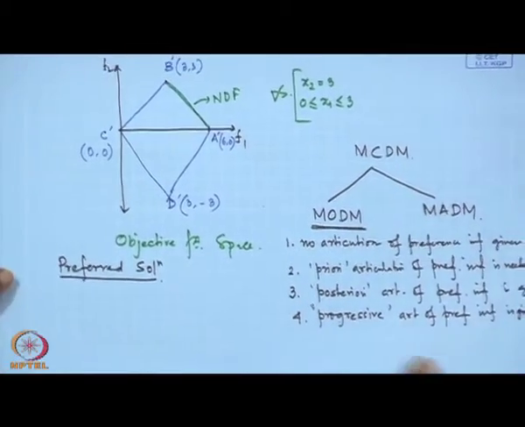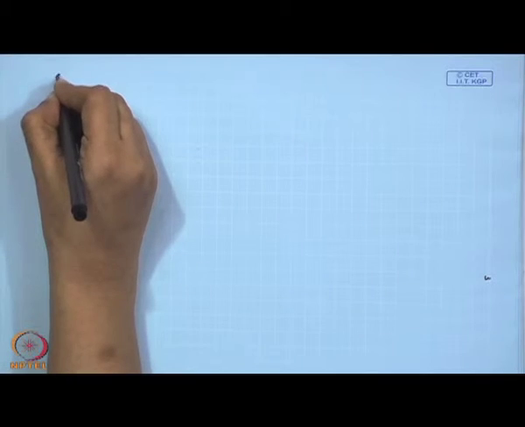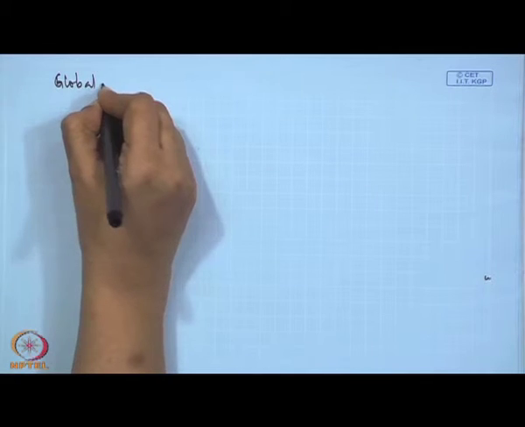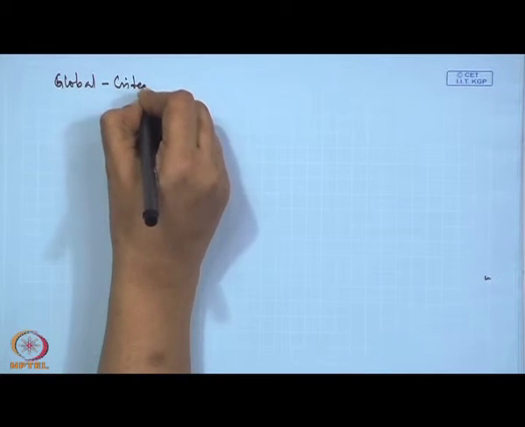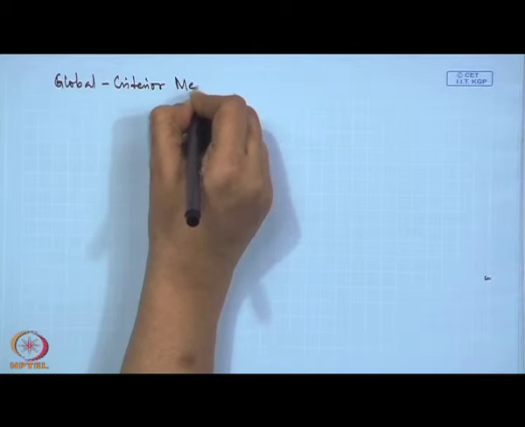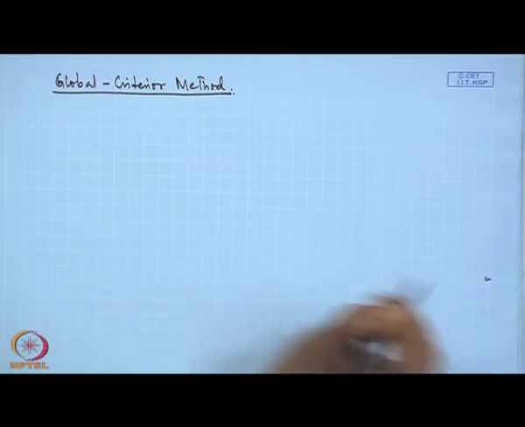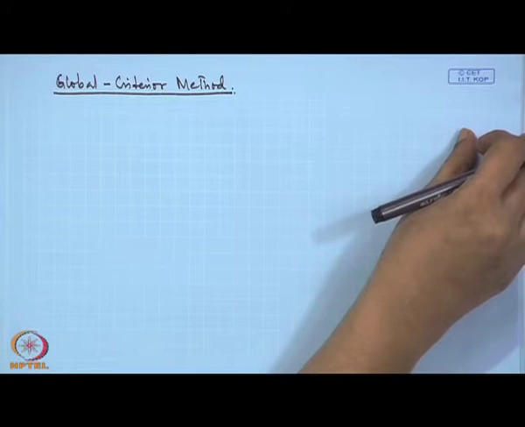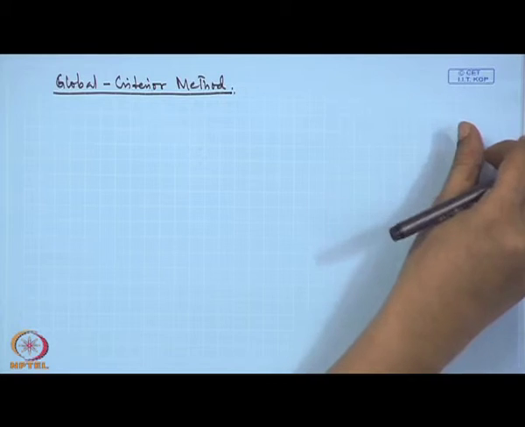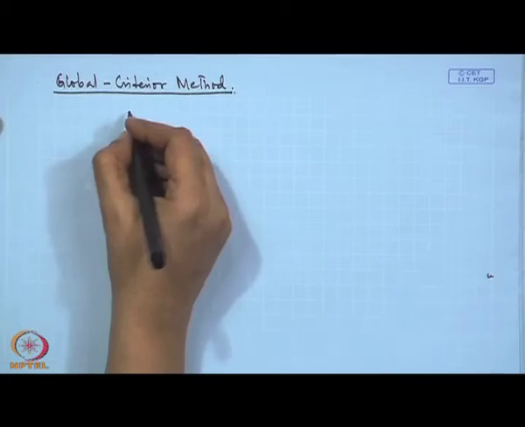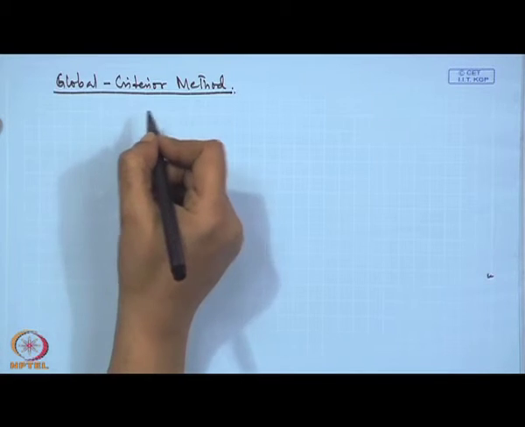Alright, and I will give you a few methodologies on these classifications one by one. The oldest method as such is called the global criterion technique. What it does, in this method we do not need any subjective information regarding the preference of the decision maker, and we can solve this method very easily. How do we do it? We find the optimal solution for individual objective functions.